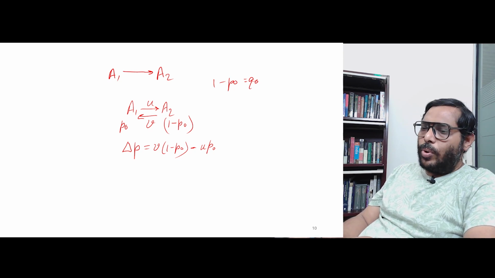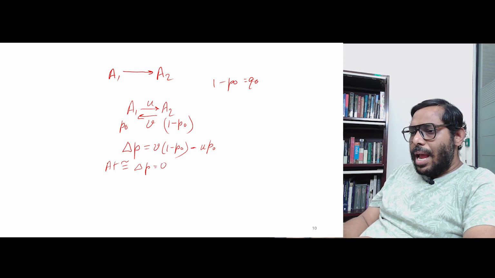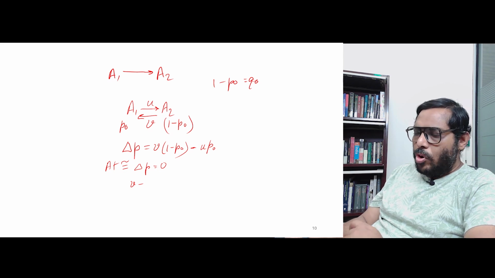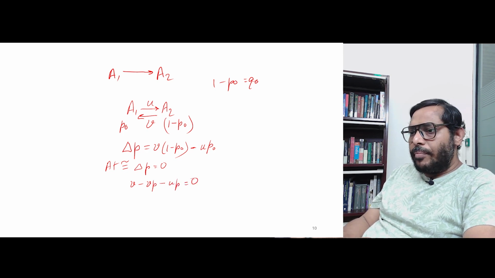Now, what happens at equilibrium? At equilibrium, delta p has to be equal to 0, which implies that v minus, and we will not call it p naught anymore because this is at equilibrium, so we will call it just p, v minus vp minus up is equal to 0, right.